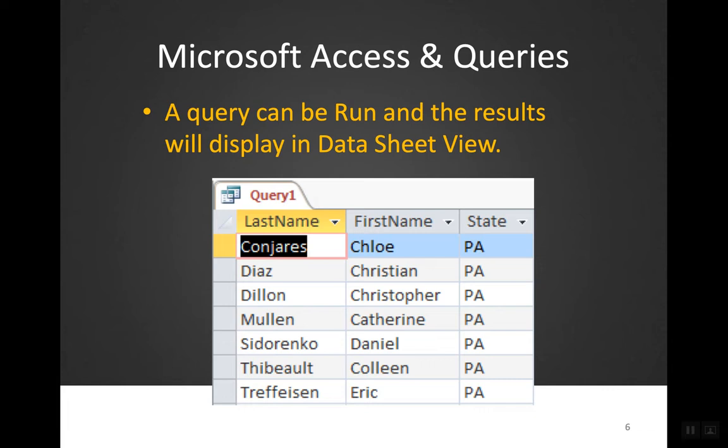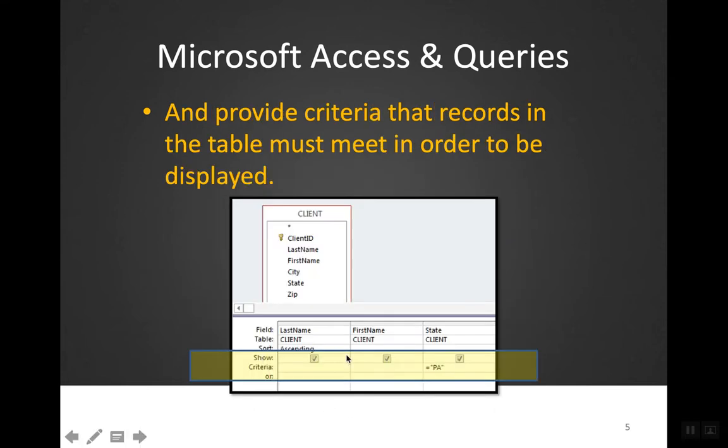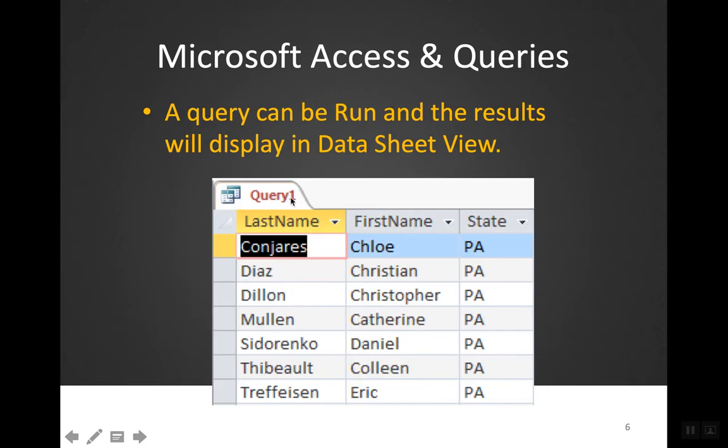All right, but it looks like a table. It'll be in the form you specify down here. So if you see, this is the results of that: last name, first name, state, all the states, all the names, ordered by address, or excuse me, by last name.